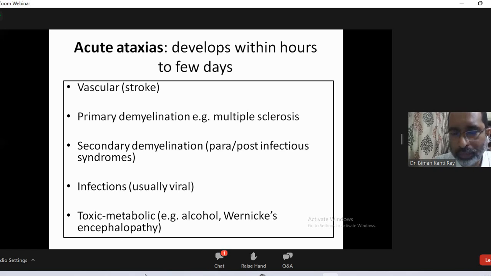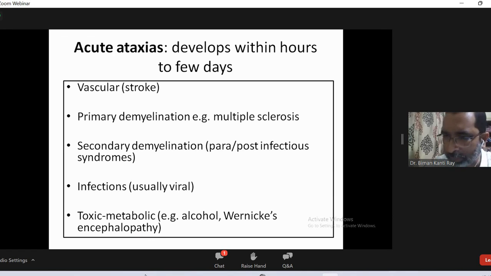I am now going to another part of the discussion, not this particular case. If a patient presents with acute onset ataxia, which develops within hours to a few days, then as in any etiology, two important etiologies you must always keep in mind. One is vascular.